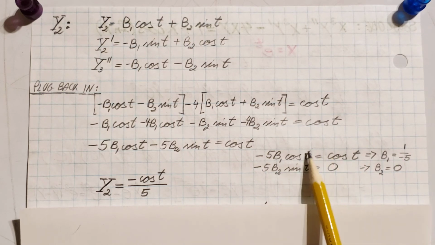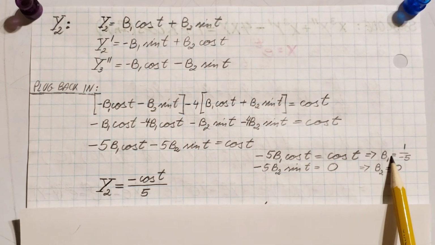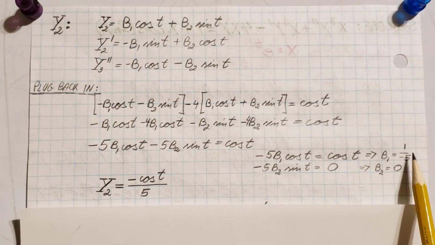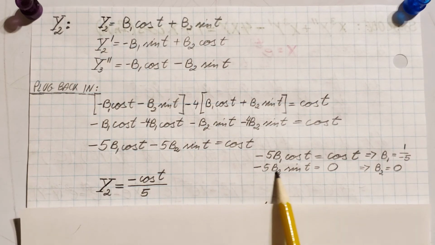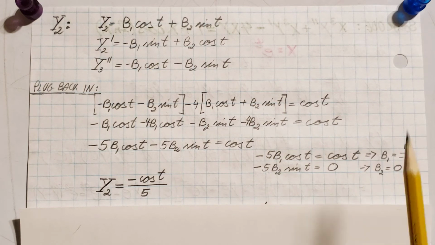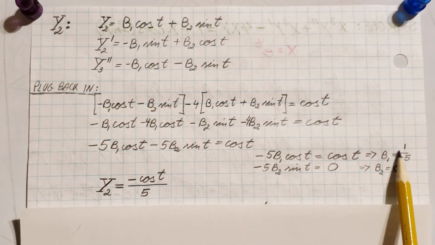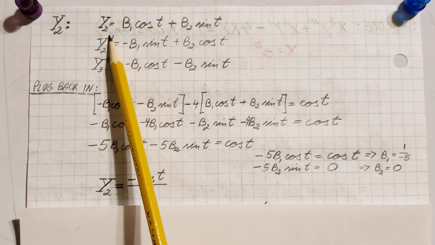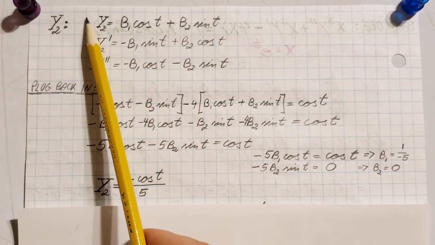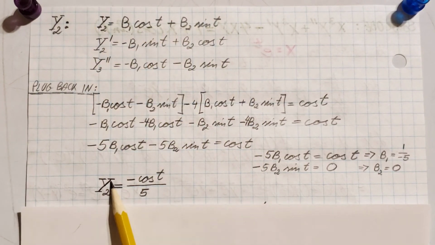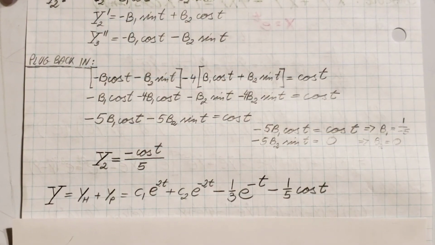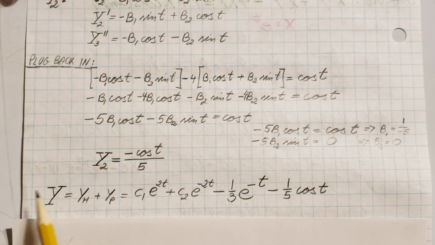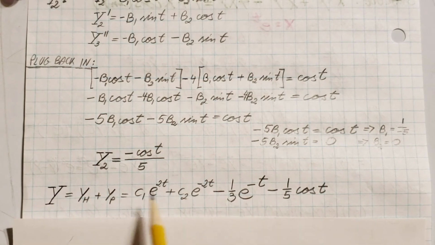We cancel the cosines and find that b1 is 1 over negative 5, and b2 is simply 0. From here, let's plug it back into our original guess, and we can see that y2 is negative cosine t over 5.